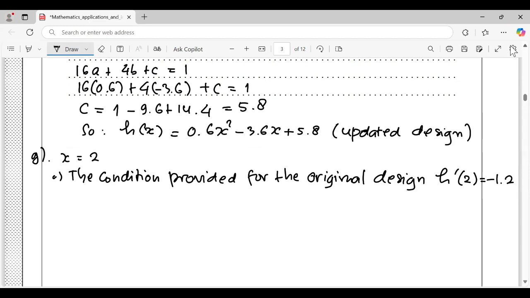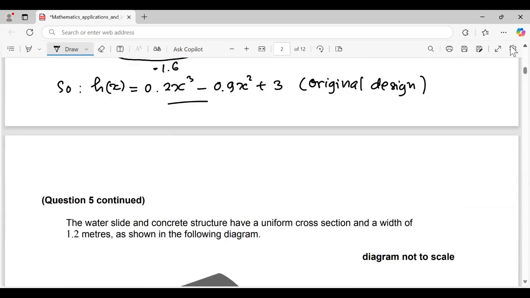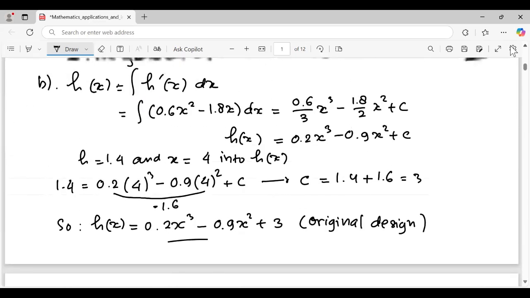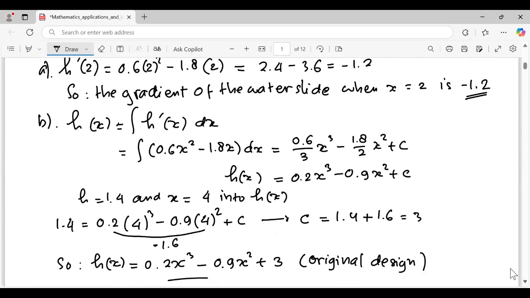This one we have calculated. The gradient is minus 1.2.